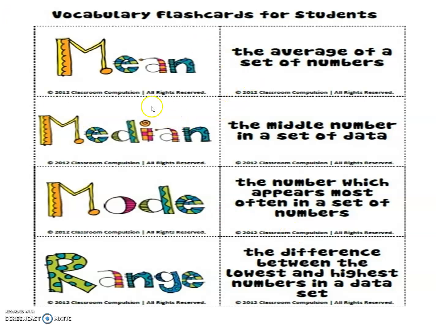One more PPT gives vocabulary flashcards for students. Mean, the average of a set of numbers. Median, the middle number in a set of data. Mode, the number which appears most often in the set. Range, the difference between the lowest and highest number in a data set.